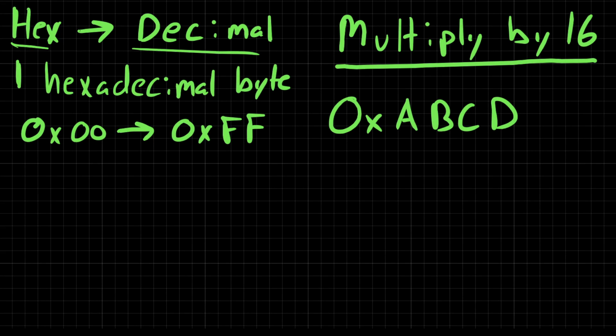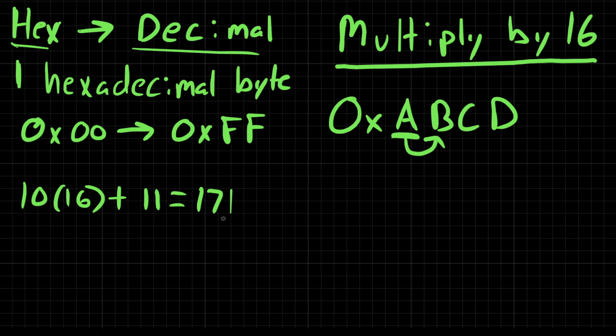Here's what we're going to do. We're going to start here at A, and we're going to multiply that by 16. So that's going to be 10 times 16. Then we are going to add the next place, which is B here. So we're going to do plus 11. If we do that, what we get is the number 171.